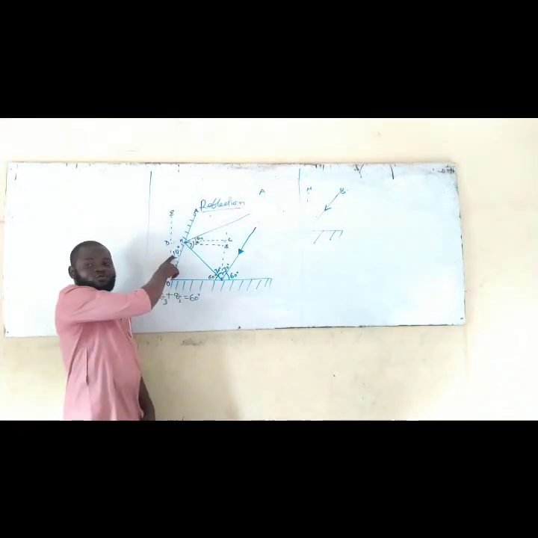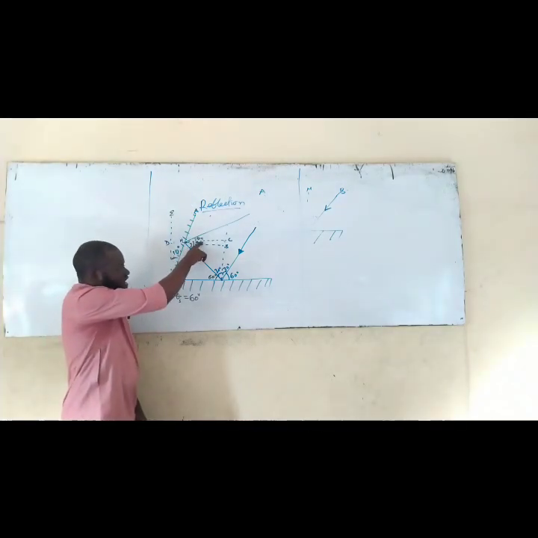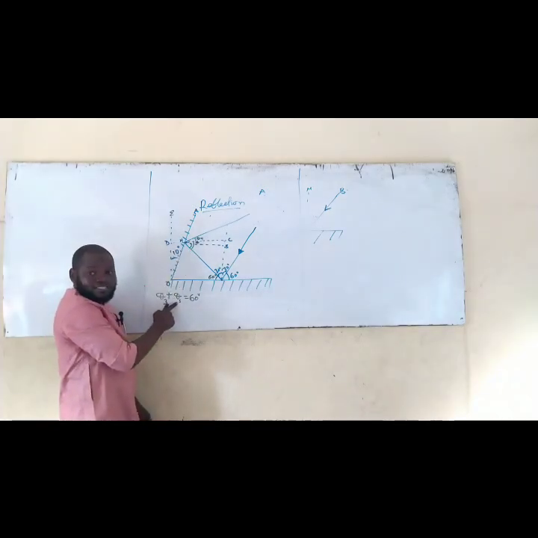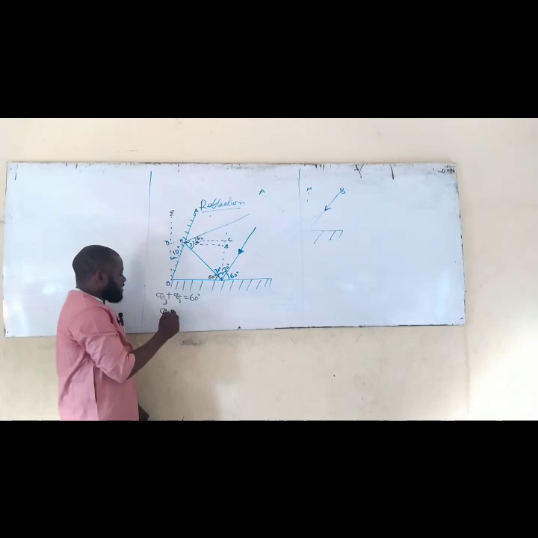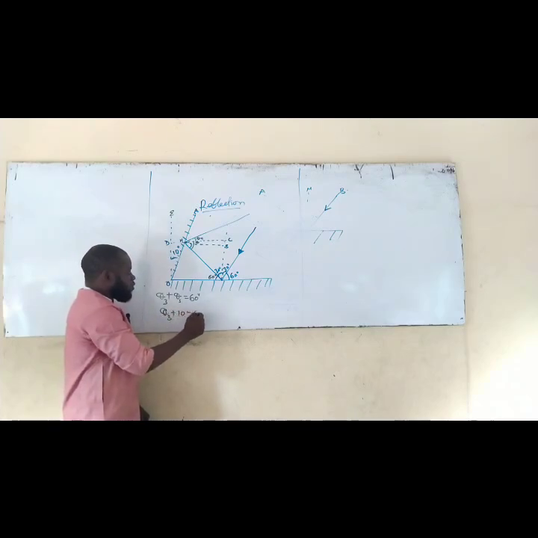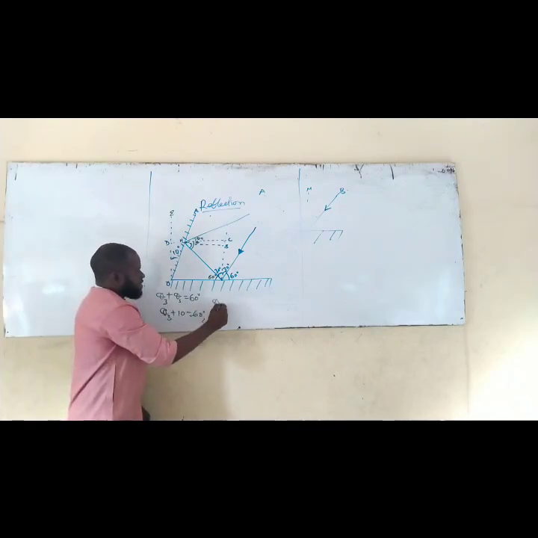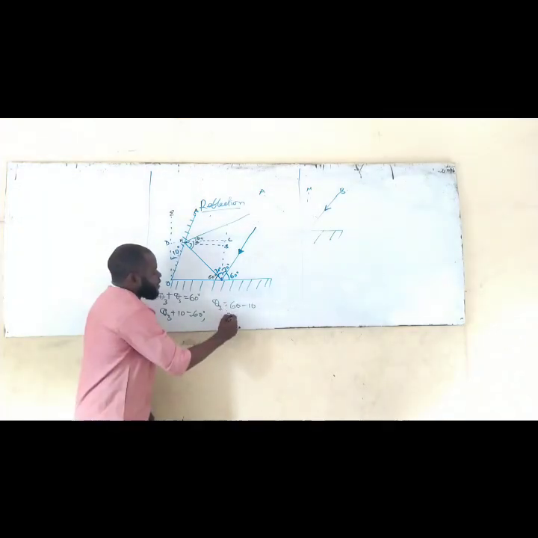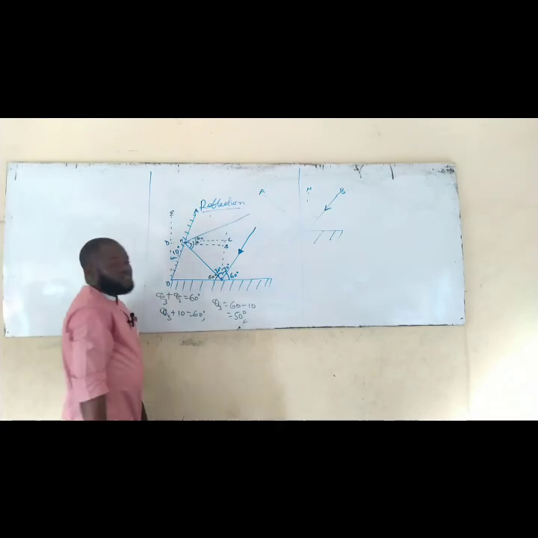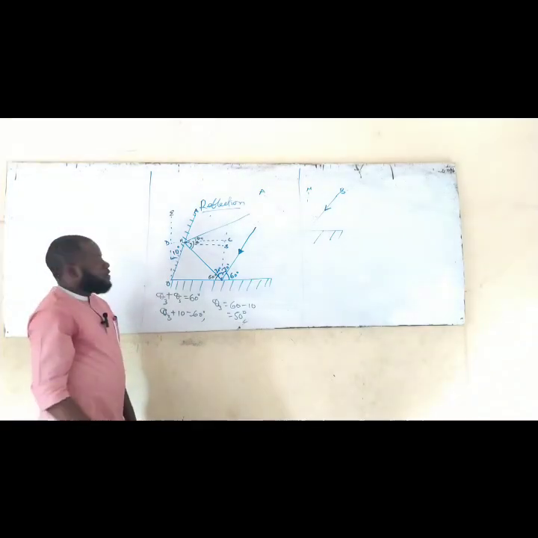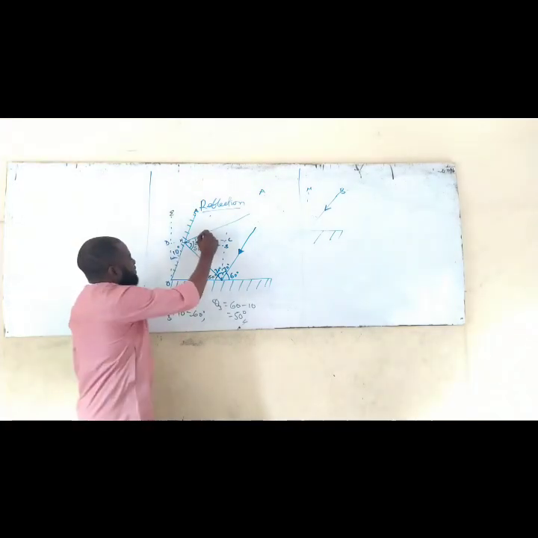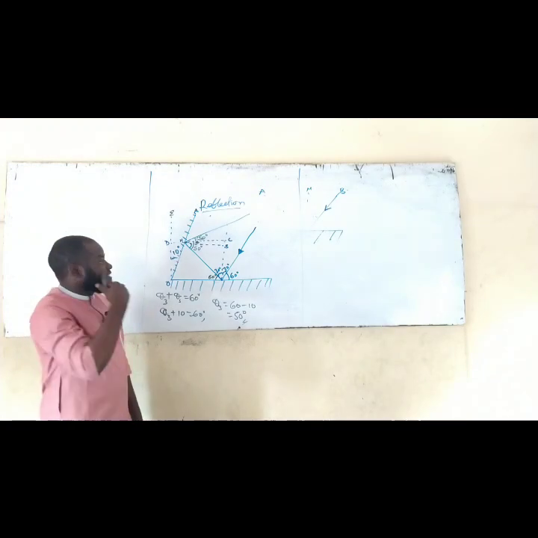So if the angle here is 10, then the angle here is also going to be 10. Therefore, this small theta is 10, and theta 3 plus 10 equals 60 degrees. So theta 3 is going to be 60 minus 10, and we are going to have 50 degrees. Are you getting it now? So this angle here is 50. And this angle here is also 50. Do you make sense like that?